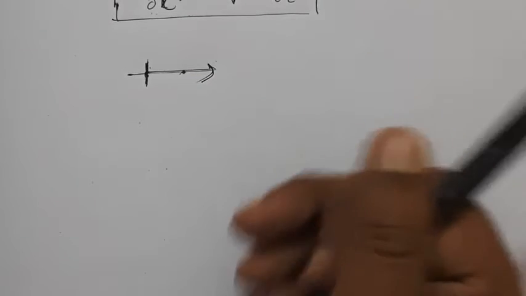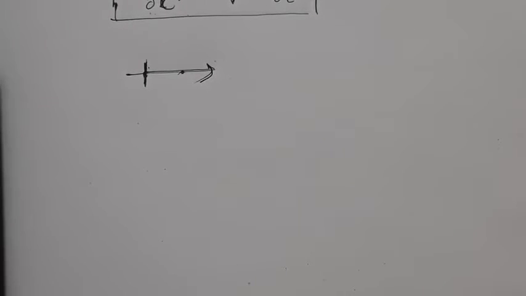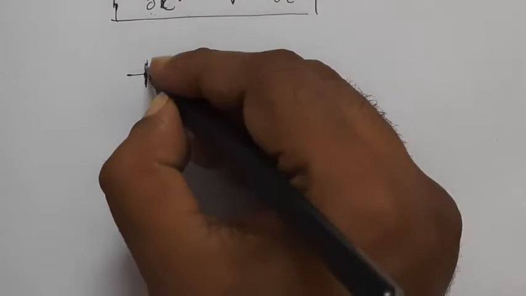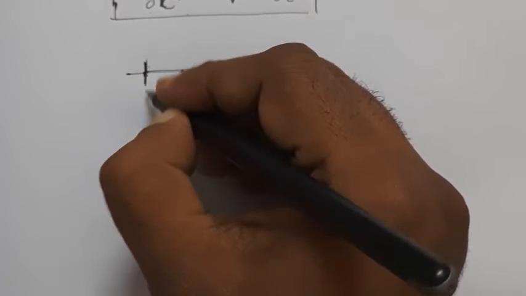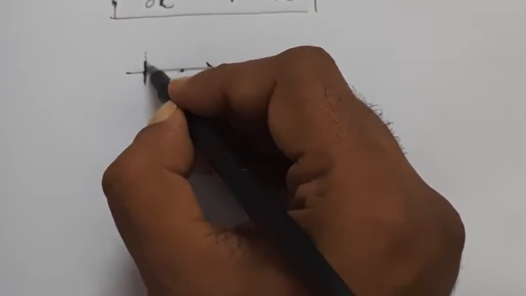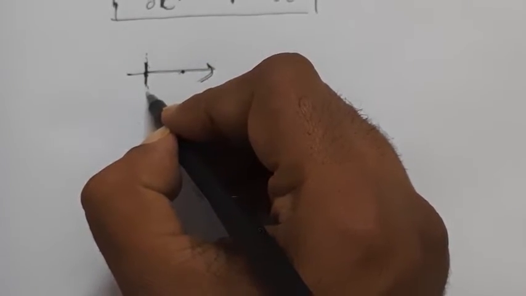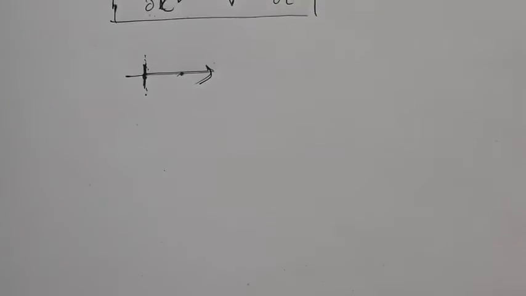Now point number 2, you can say the velocities of the particles of the medium change continuously. It is maximum at the mean position. That means the velocity of oscillation of the particle is not the same at every point of its vibration. The velocity value of the particles of the medium change continuously. But wave velocity remains constant for a particular medium.